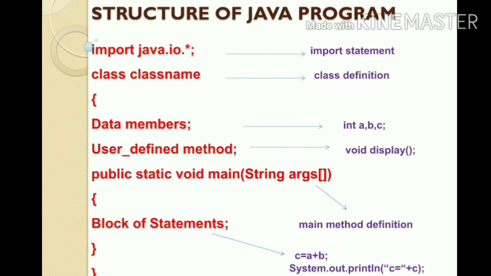Main is the method, the essential part of any Java program. String args is an array named args. It consists of an array of objects of string data type. Next, block of statements.